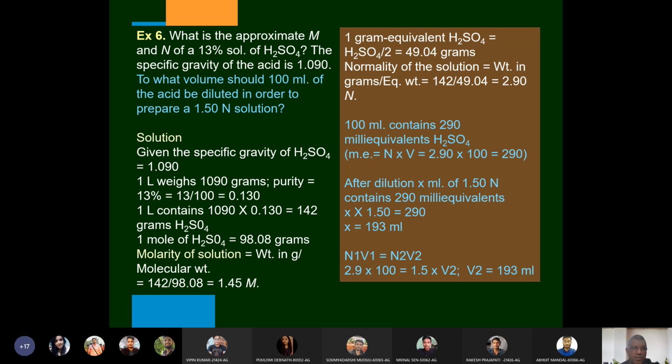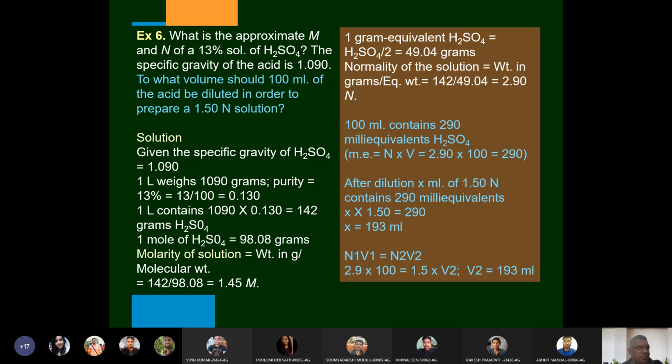So in this case, there are two questions. One is that you need to work out the molarity as well as normality of an acid which is 13%. The sulfuric acid content is given in percentage, and the specific gravity is 1.09.